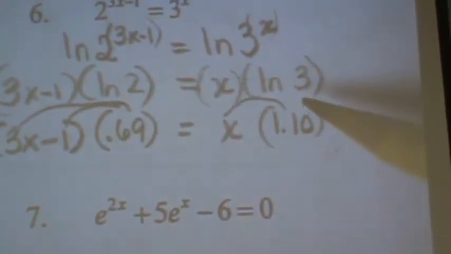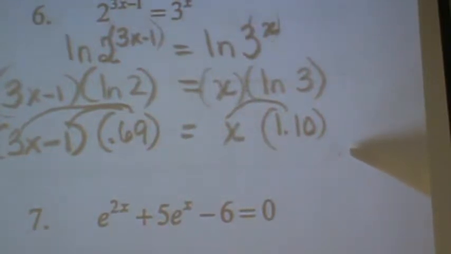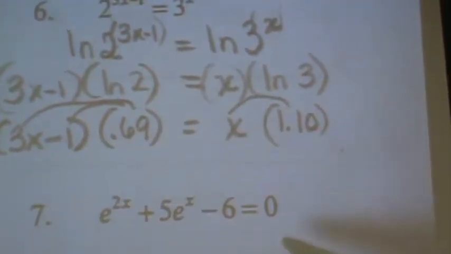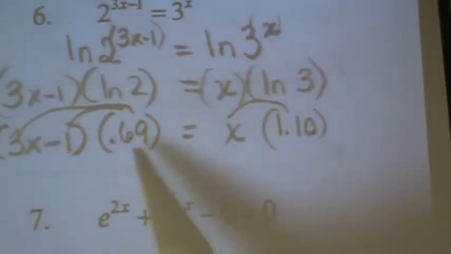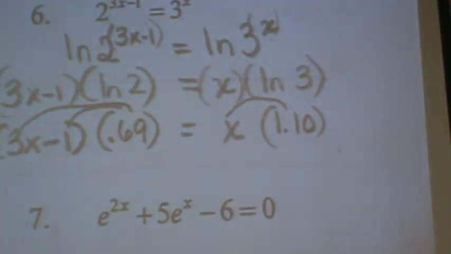Now, believe it or not, you'll get to this point and 2/3 of you will have trouble distributing. This is what I see all the time. I'll see this, that'll be good, and then from here on, trouble occurs, but you should have.